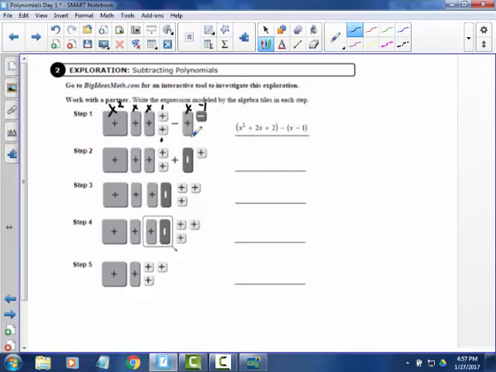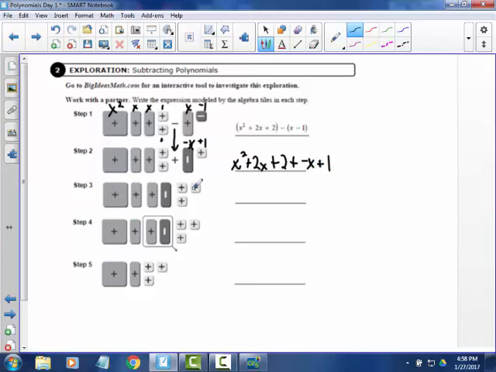Okay. So now from here to here, they got rid of the minus sign and made it a plus sign. And you'll notice that everything after that now has a different sign, right? It's still an x, but it's minus x, or negative x. And negative 1 became positive 1. Okay. So over here we would write x squared plus 2x plus 2 plus negative x plus 1.